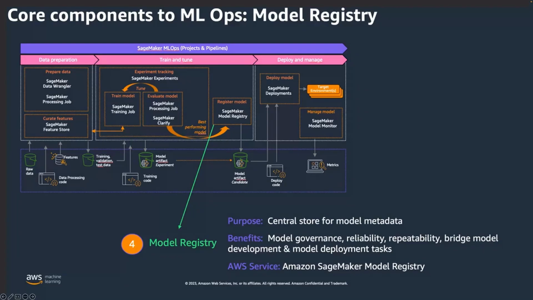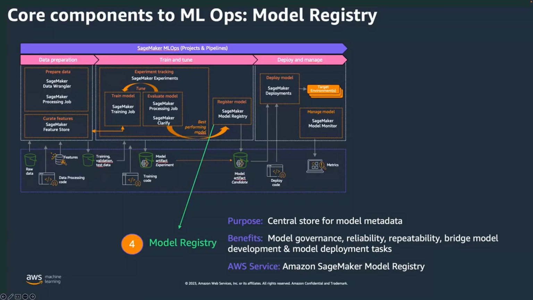SageMaker's model registry can then be used as a metadata store for your machine learning models that are ready for production. Your actual model artifact resides in S3 and is referenced in the model registry. After you selected your best performing model, you registered that model into the model registry.